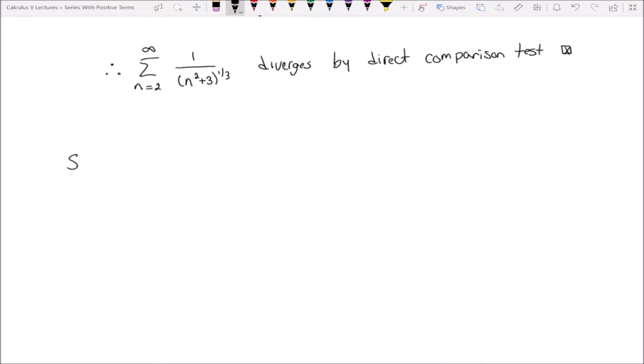Let us now suppose that we're given two sequences, a sub n and b sub n, which are positive.